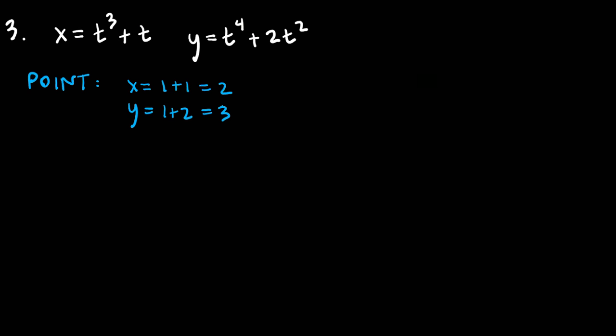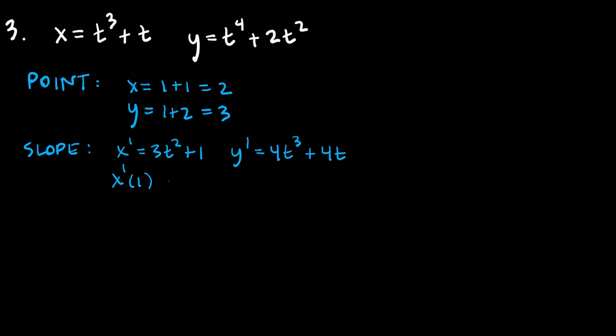All right, and then my slope, I'm going to need my derivatives, right? I'm going to have x prime equals 3t squared plus 1, and y prime equaling 4t to the third plus 4t. Okay. At t equals 1, I've got 3 and 1 is 4, and 4 and 4 is 8.